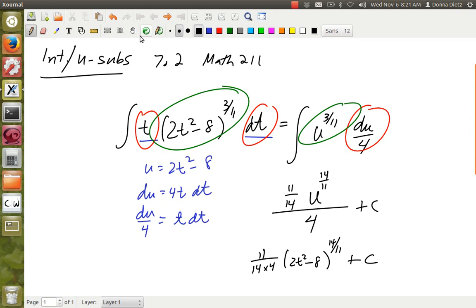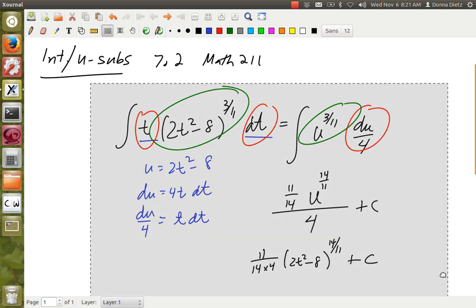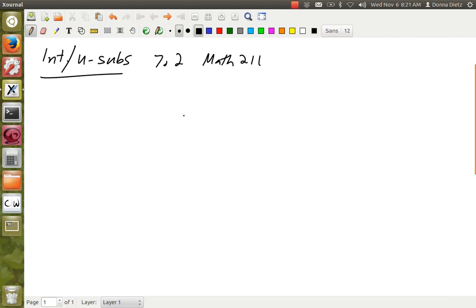Okay, so what about this silly one I gave? Why is that silly? Well, because u is equal to x plus 7. du is equal to dx. I'm using different colors just to show you I can actually pull this off.